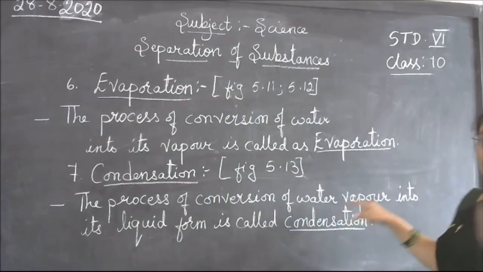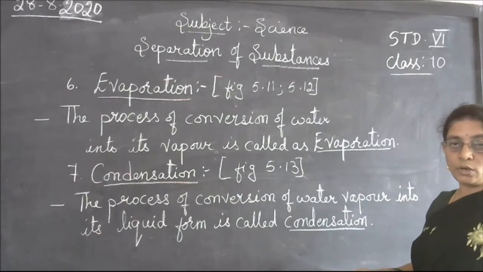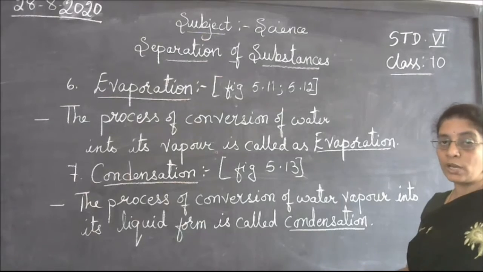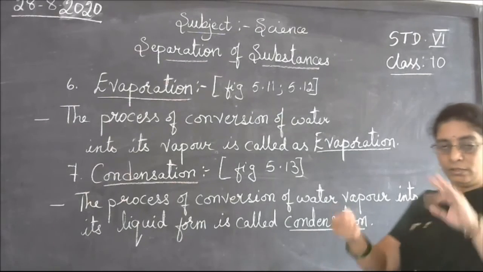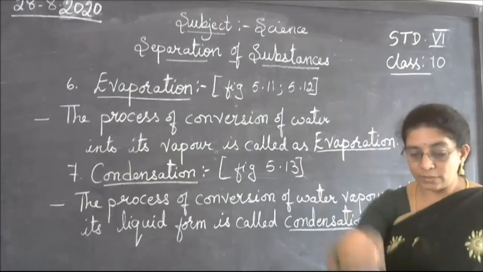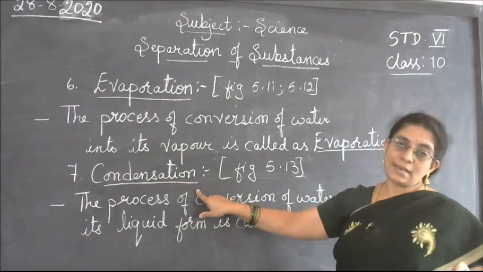So here the same water vapor, when it is cooled, when it becomes cold again, it comes back to the normal temperature. You take the lid, tilt it and see, all the droplets pour down like water. So that is what we call condensation.